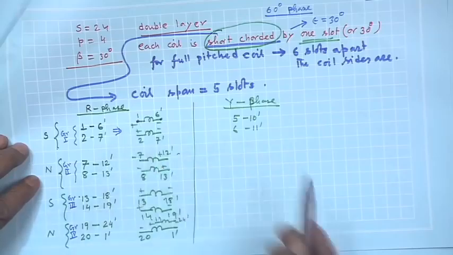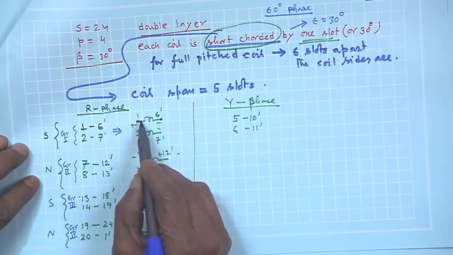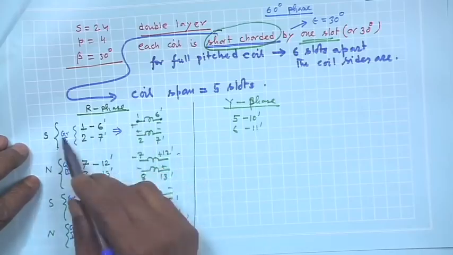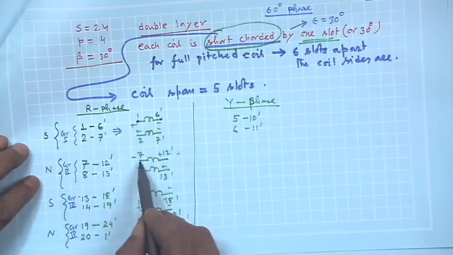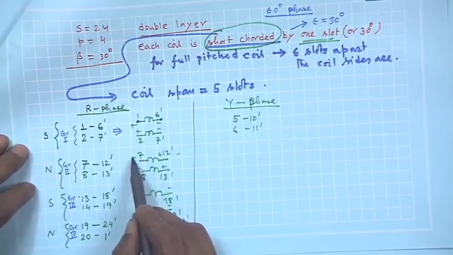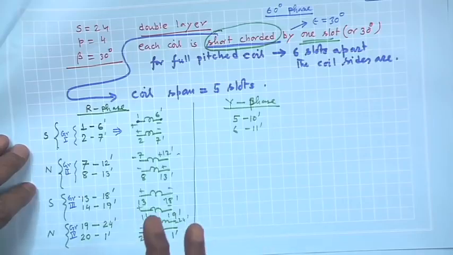And the polarity of the voltages we know: if we assign the start of a coil to be positive under south pole, then 1 and 2 will be under south pole, plus plus minus like that. But this time the start of the R phase second group coil will be 7, minus plus, for obvious reason, because the direction of rotation is same, only the polarity of the poles has reversed.